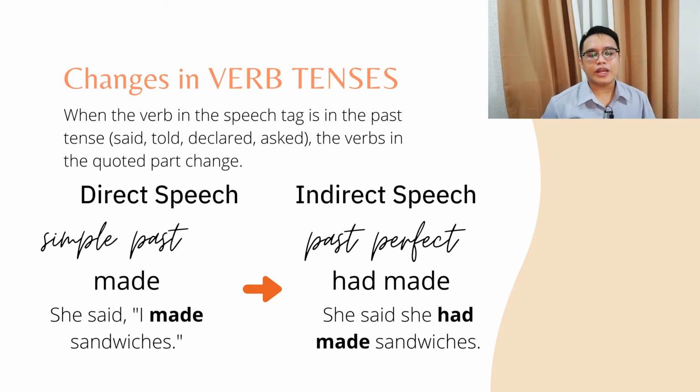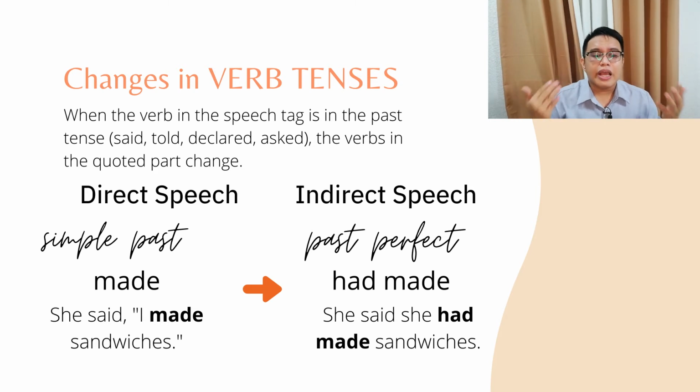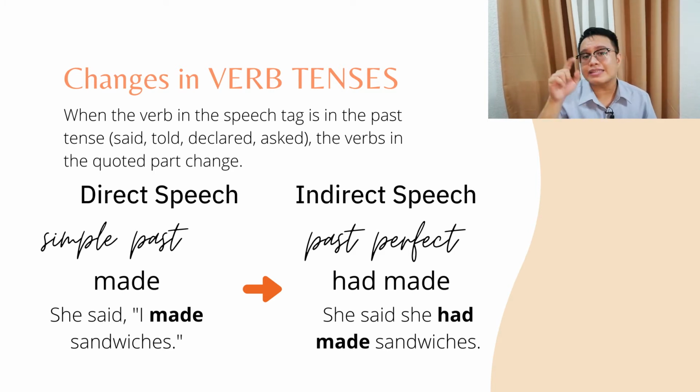Next, we go to our next conversion from simple past. If na ang quoted material or ang quoted words or ang direct speech is in simple past, then we have to convert it to past perfect tense. And the past perfect tense, kaya na ay had. Had and then the past participle of the verb.